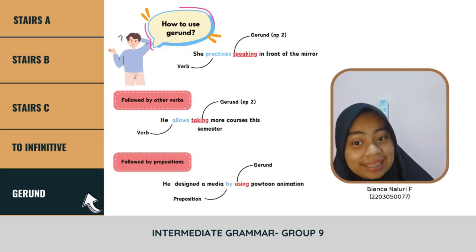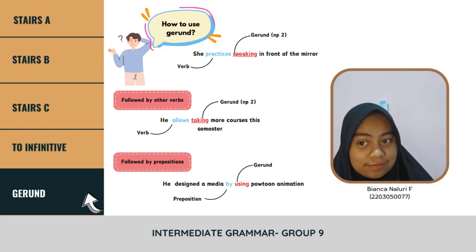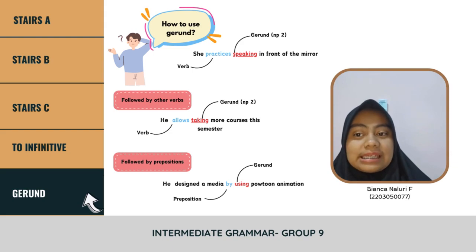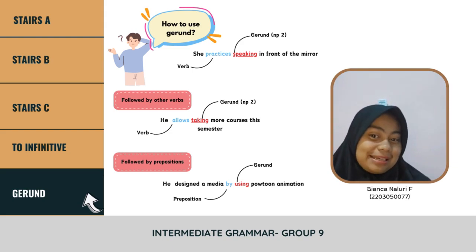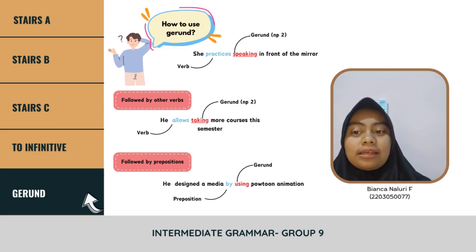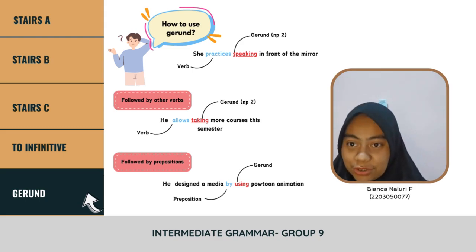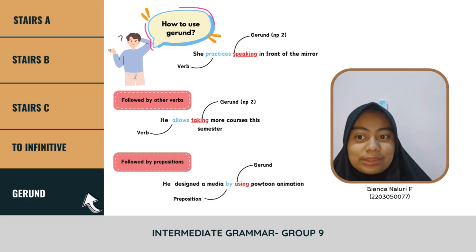So the gerund taking here follows the word allows. He allows taking more courses this semester, or in Bahasa, dia mengizinkan untuk mengambil mata kuliah lebih di semester ini. So taking here should be noun phrase two. It should be a noun. So taking, the verb that acts as a noun, is a gerund.